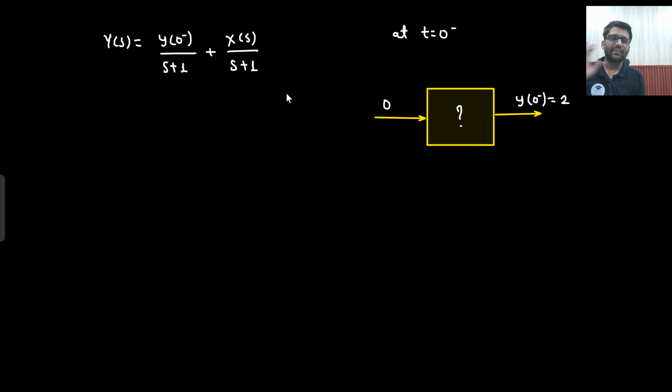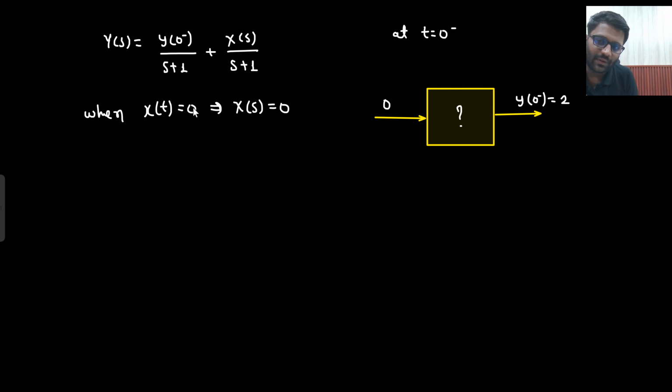When x of t was 0, that means X of s was 0. What was your output at that time? The output was y of 0 minus divided by s plus 1.